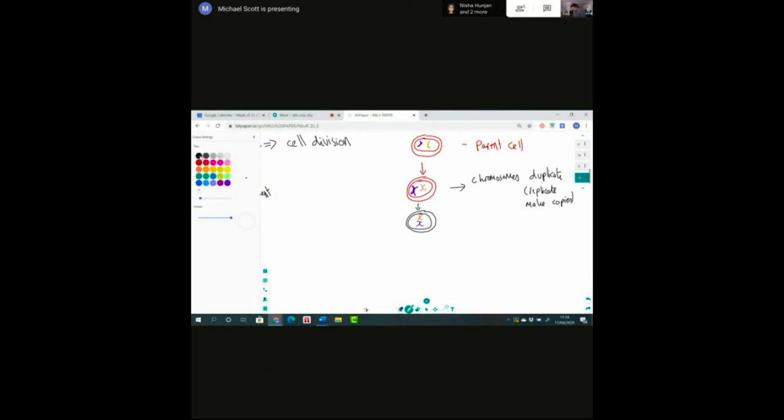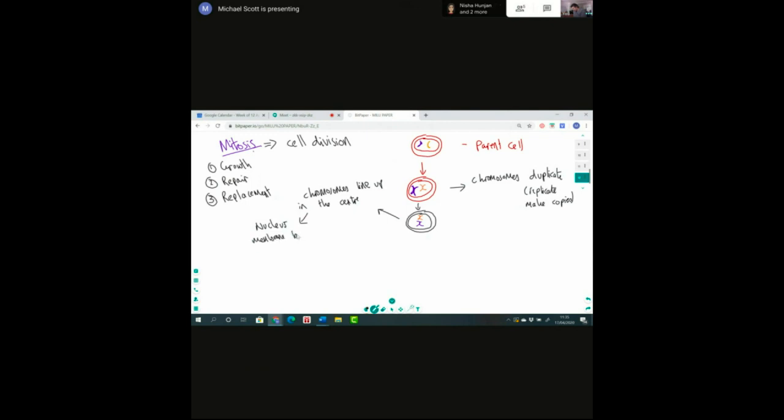So I will just make a note of that because that is one of the key stages as well. So the chromosomes line up in the center. Okay. And it's at this time, when the chromosomes line up in the center, that the nucleus membrane breaks down. Okay.